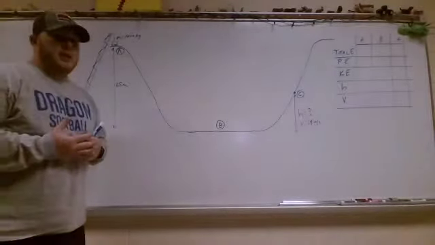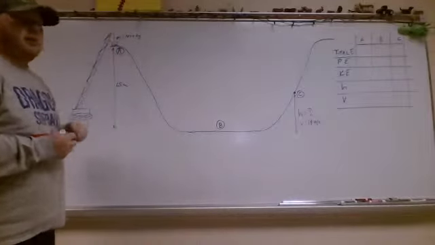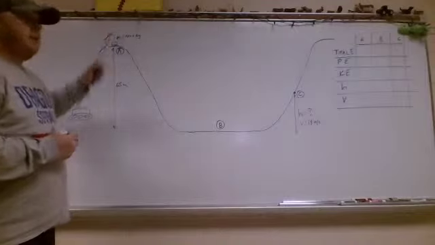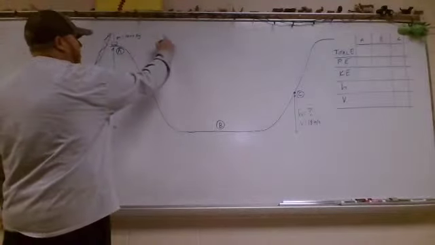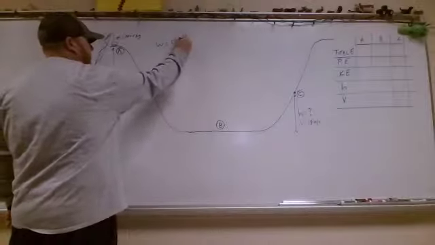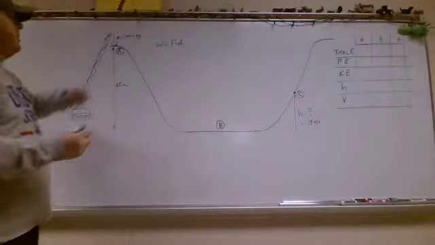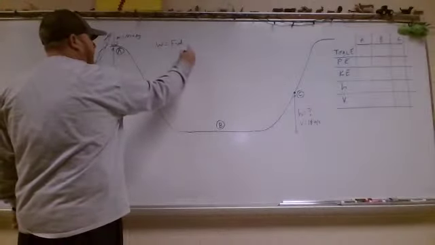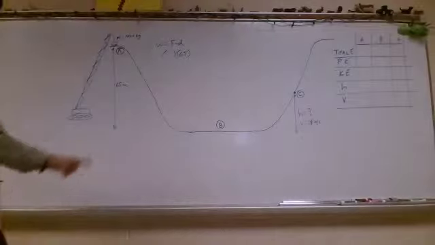Okay, so the first thing I have to ask myself is how much work has been done to this cart to pull it up 65 meters. So I had to lift the cart up. Work is force times distance. So I had to lift the cart up 65 meters. I know that's 65, but I had to do that by applying some sort of force to it.